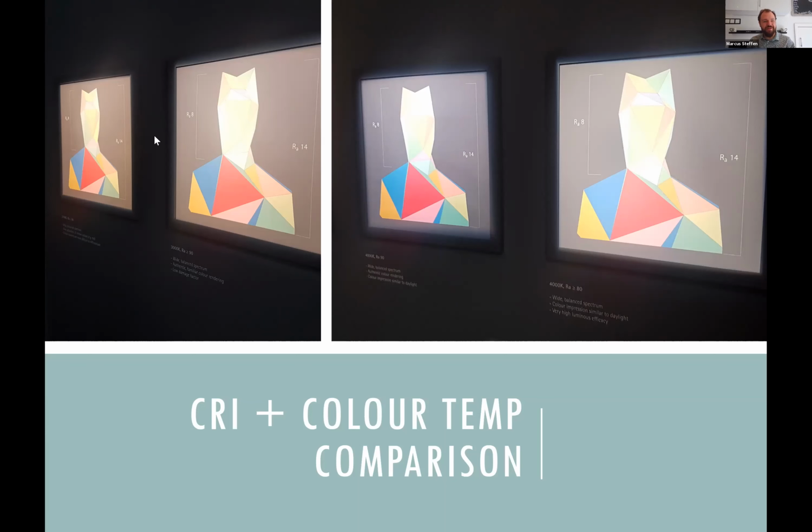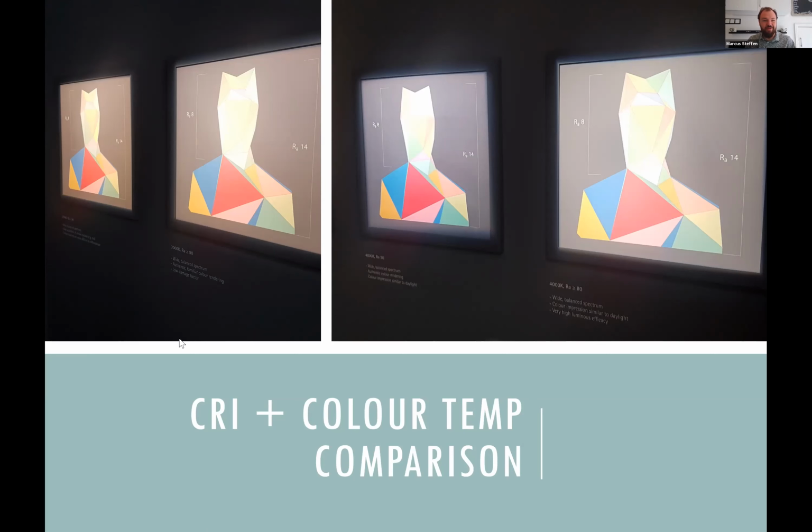But then if you look at the difference in color temperatures, the one on the far left is 2,700, the one in the middle is 3,000, and then you've got 4,000. Those are all high CRI photos, but the color temperature dramatically changes how they look and how they feel. So you've got to consider those together and look at how they work together and what you're going to be doing with them.